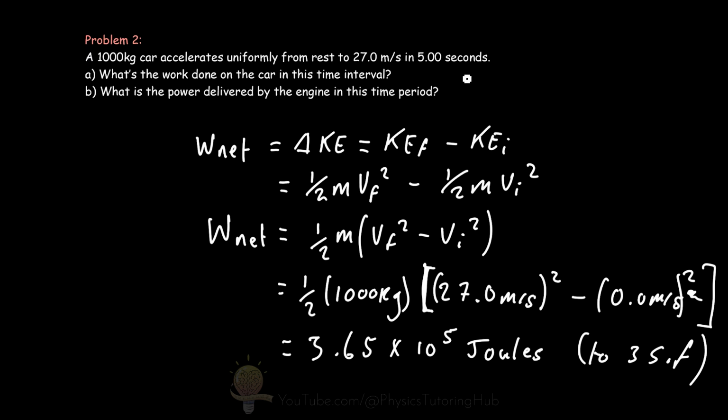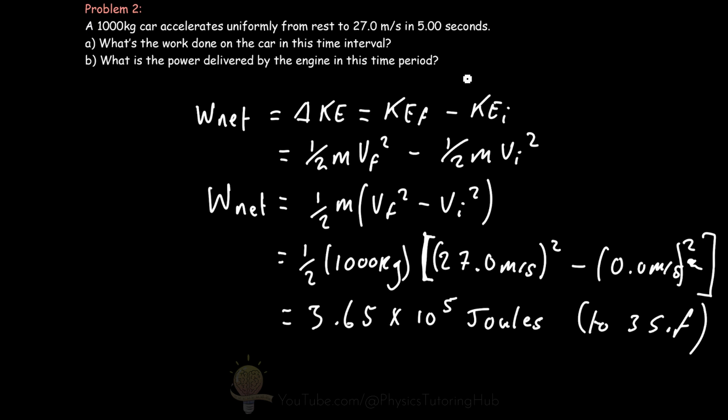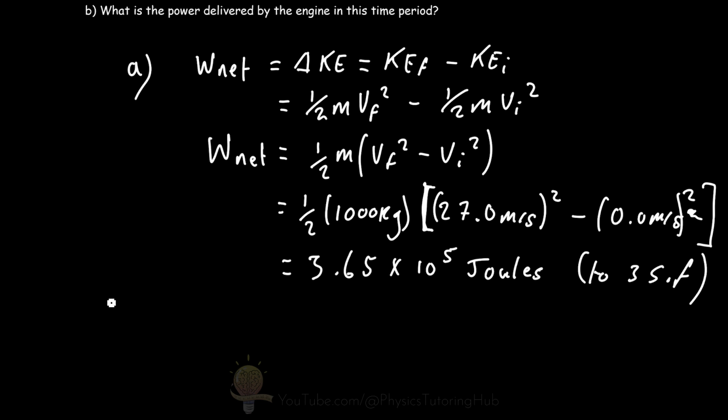So how can we do this? Well, the power is simply our work done on our car divided by this time interval. So to get our car moving from 0 to 27 meters per second, which is roughly 60 miles per hour in 5 seconds, requires this amount of power from the engine.